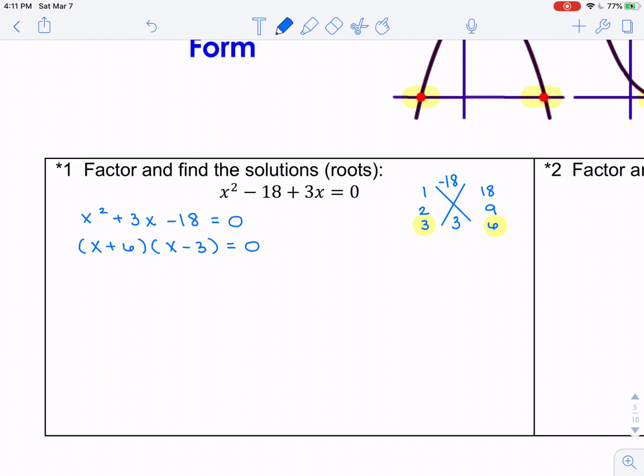The next thing that is new is these are set equal to 0. In the past, we have not had it as an equation, we've had it as an expression. So when we set something equal to 0, we call on the zero product property. So off to the side, I'm just going to refresh your memory on what that is. This is something you would have learned back in middle school.